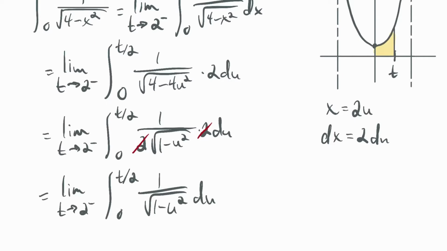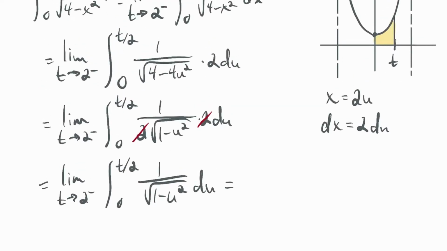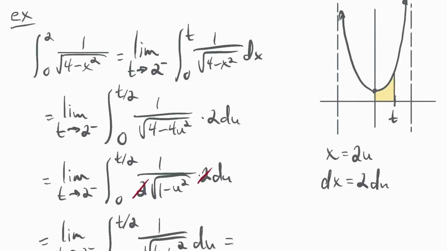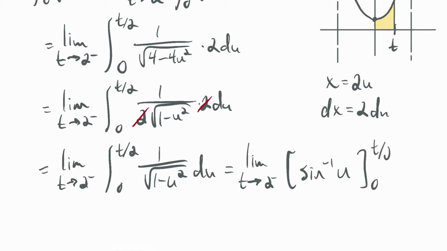So this will equal, more horizontal. We have plenty of vertical room, I think, but I'm going to start using horizontal room because I don't want all this to go off screen too quickly. So the limit as t goes to 2 from the left of sine inverse of u evaluated at 0 and at t over 2.